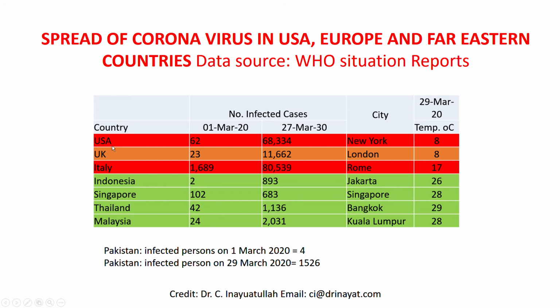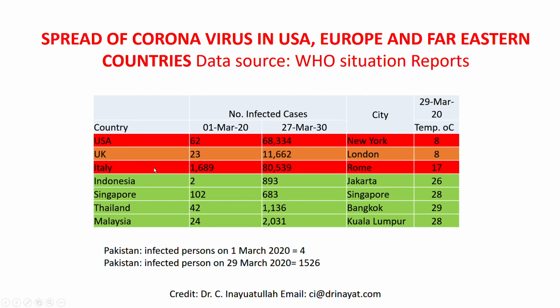On 1st March, there were 62 cases, and we jumped to 68,334 on 27th of March. The temperature in New York at that time was 8 degrees centigrade. In UK, 23 cases on 1st of March and 11,000 plus on 27th of March, and the temperature in London was 8.